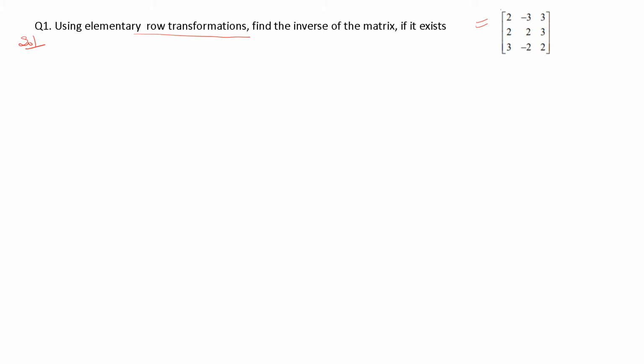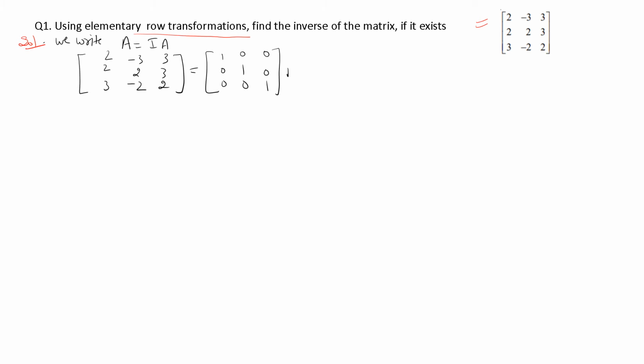And how do we start? For elementary row transformations, we write A as I into A. A is equal to I into A, right? And then this is your 2, 2, 3, minus 3, 2, minus 2. This is 3, 3, 2. And I here is 1, 0, 0, 0, 1, 0, 0, 0, 1, and this is as A. Okay.